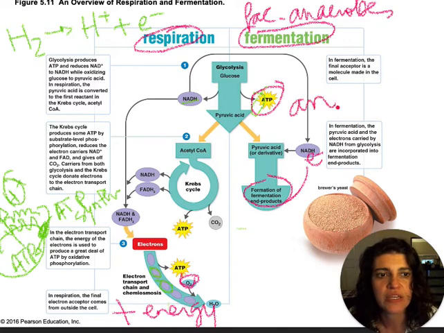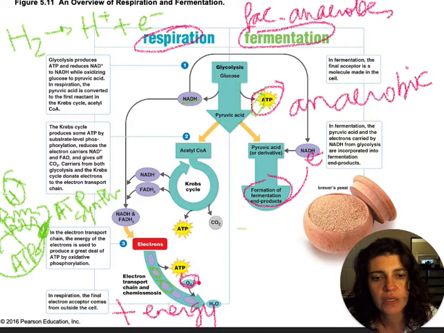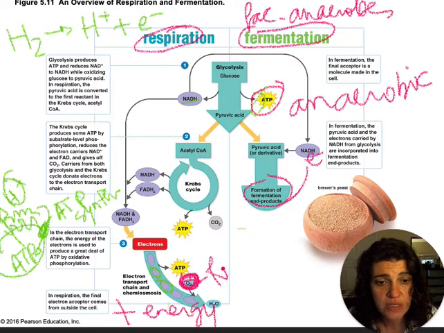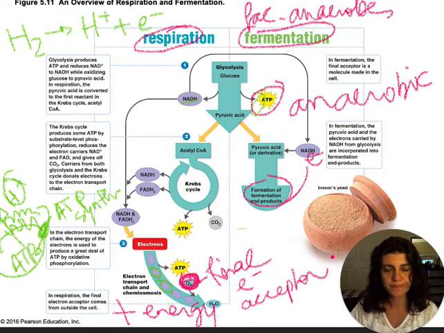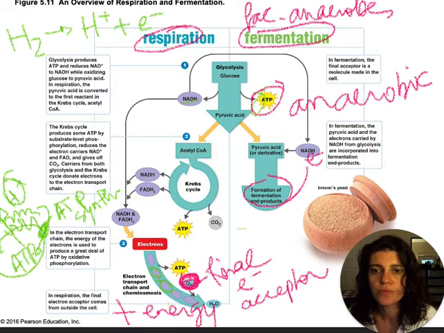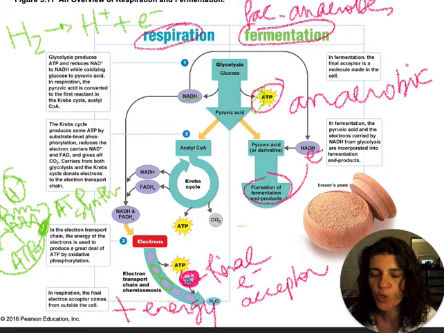Totally fermentation, right? Anaerobic. How could this be anaerobic if you use oxygen? It's totally aerobic. The oxygen you inhale is here because it is the final electron acceptor, right? Cool. So this is my overview for you of what you just heard for the second time.